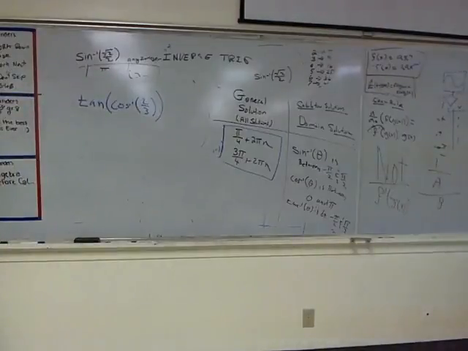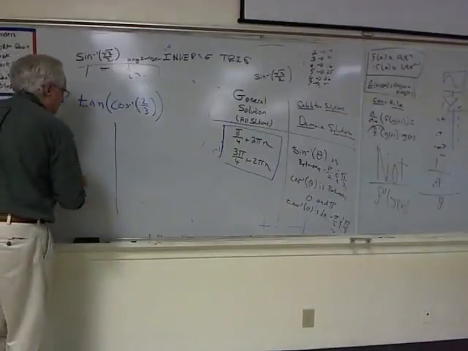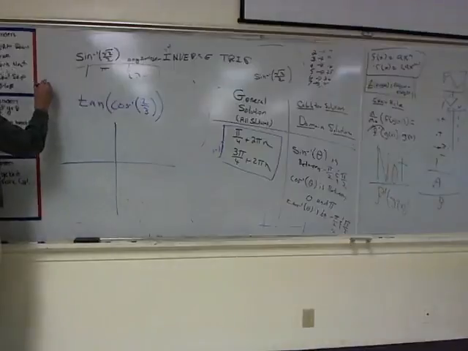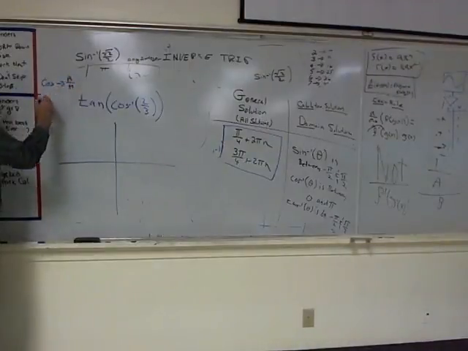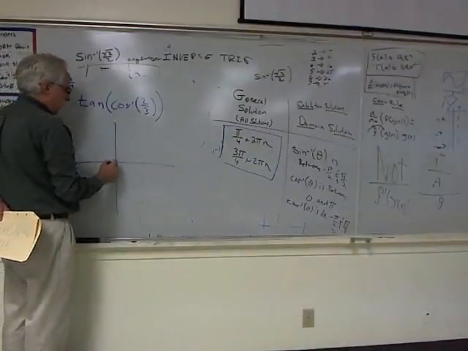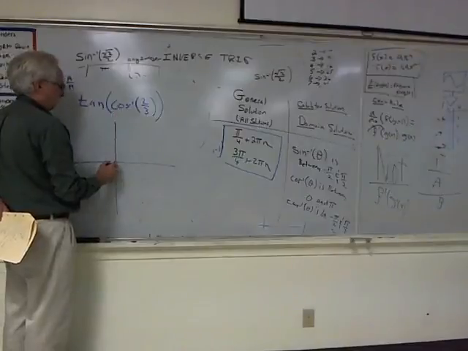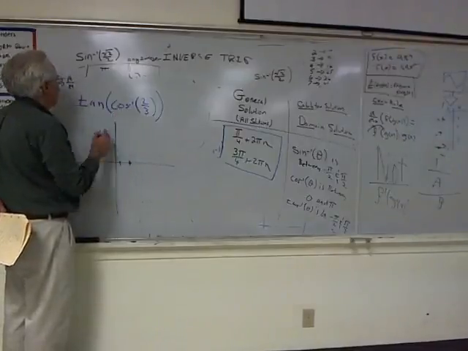You must keep track of domain and range. So if I have sine inverse of sine of 3 pi over 2, that is equal to sine inverse of -1.